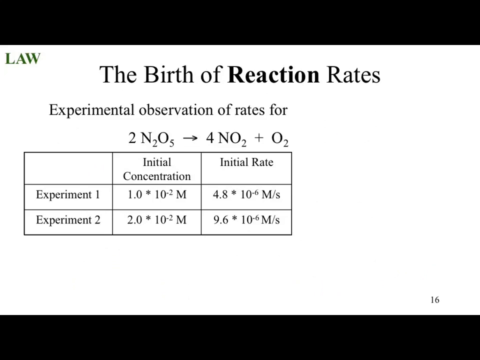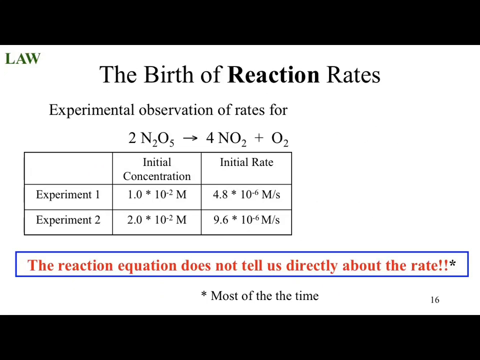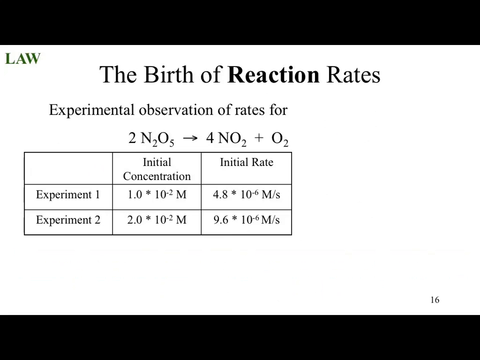So these are the experimental rates for this particular reaction. And we want to figure out our rate expression. So what is the beginning of our rate expression? First off, we're comparing rate to what?